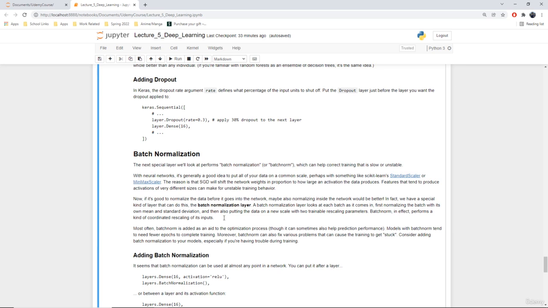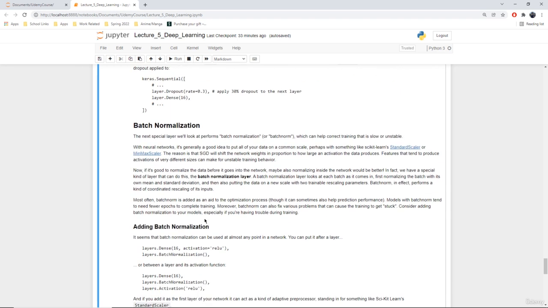At each batch, this layer normalizes the batch and then puts the data on a new scale with trainable rescaling parameters. This is seemingly magical in my eyes, so it's pretty cool. We can add this as an aid to the optimization process, and it will likely help prediction performance in some cases.